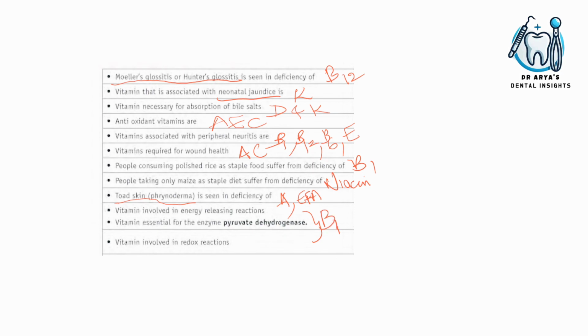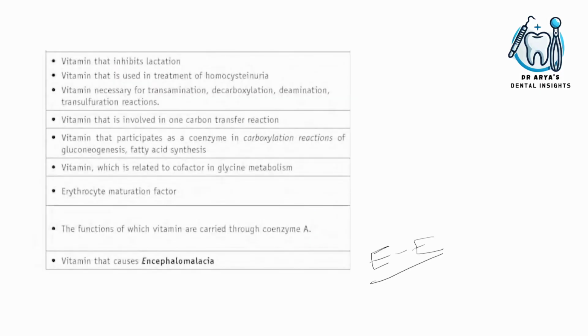Then which vitamin is involved in redox reactions? FMN and FAD of riboflavin, that is B2, and NAD plus and NADP plus of niacin. Then the vitamin that inhibits lactation, is used in treatment of homocystinuria and necessary for transamination, decarboxylation, deamination, is vitamin B6.